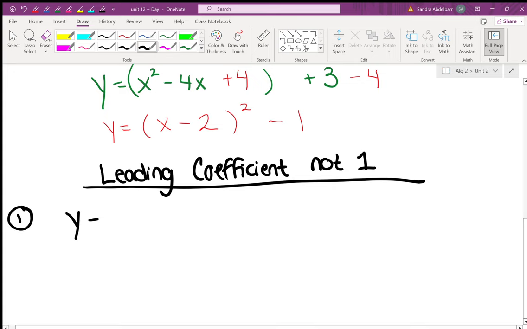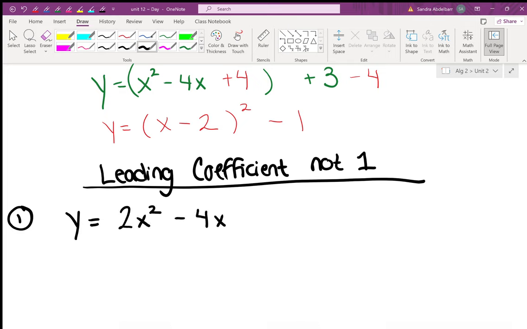So if I have y is equal to 2x squared minus 4x plus 3. Divide by 2, right? You got it. Okay, but I'm not going to divide everything by 2.